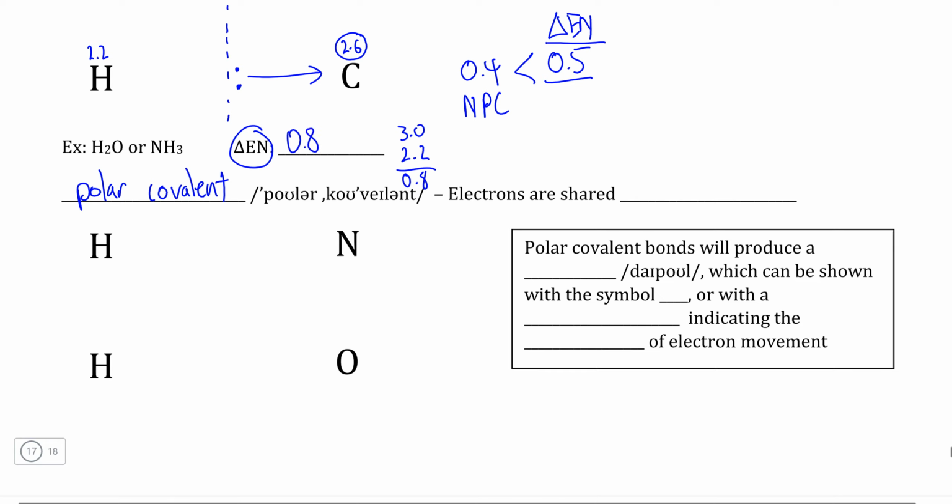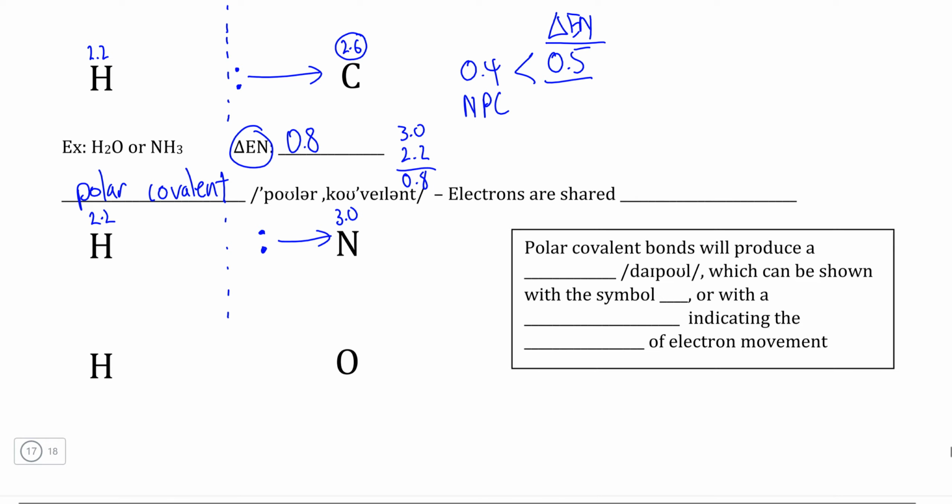And once again, if we visualize this, because 0.8 is greater than 0.5, this means that one of the nonmetals has a sufficiently larger electronegativity so that the electrons are definitely pulled closer to one side, or to one atom, rather than the other.